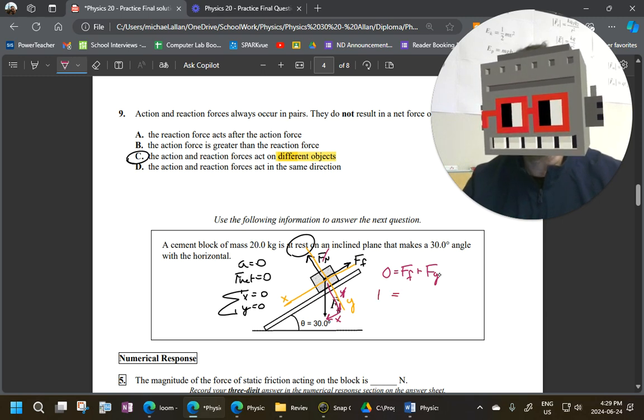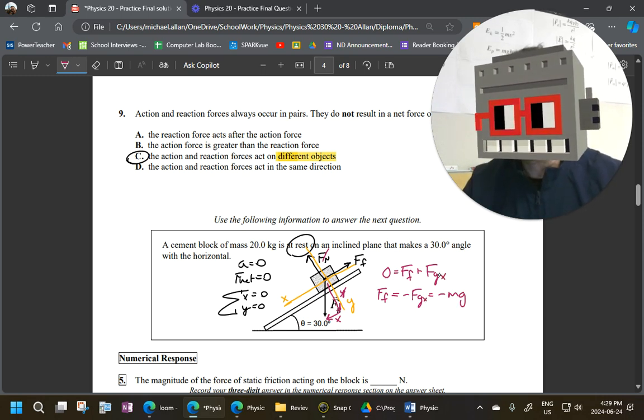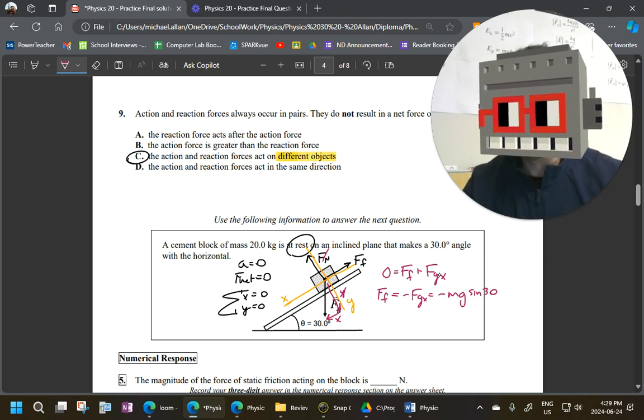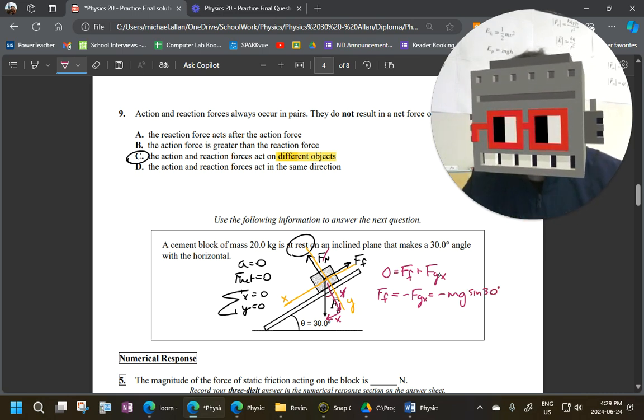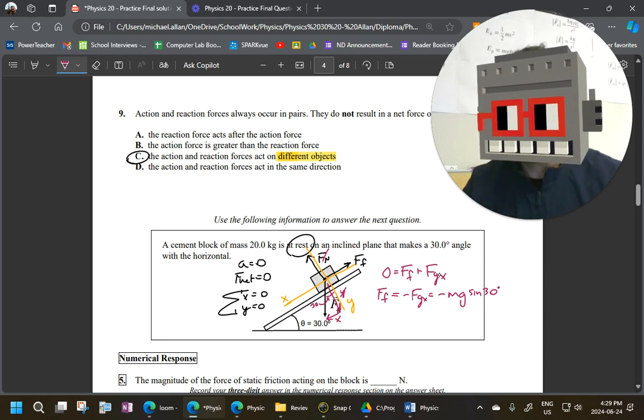So if I can find gravity in the X direction, right? It's going to be mass times gravity times sine 30. So if I put my 30 degrees inside here, right there, that's going to be my 30 degrees. So across the triangle is the X. So it'd be sine.